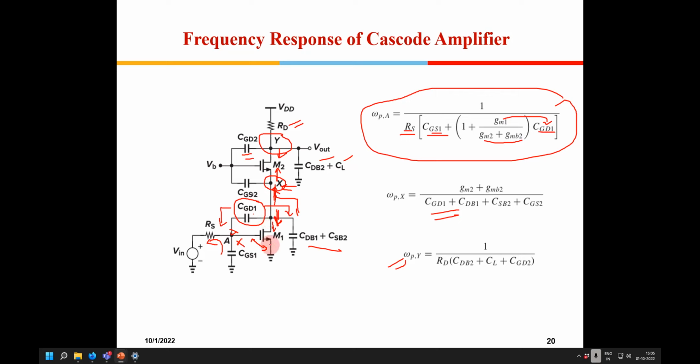Similarly, when I'm talking about this, the other capacitances will be removed. So when we look towards M1, it will be 1 by R0. So we are neglecting that. Okay.